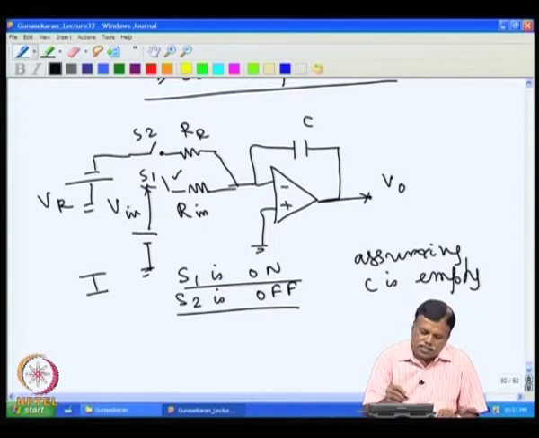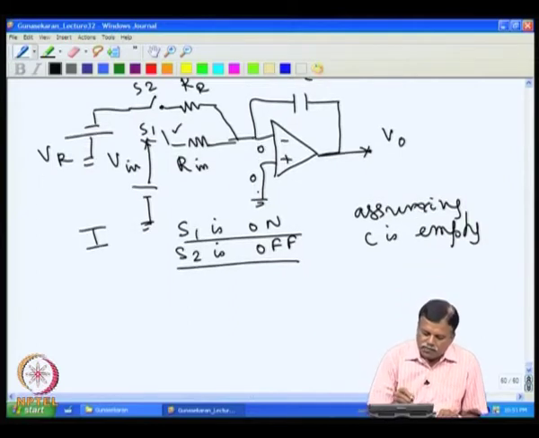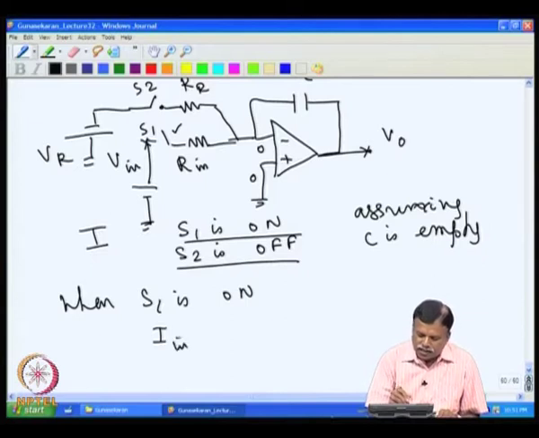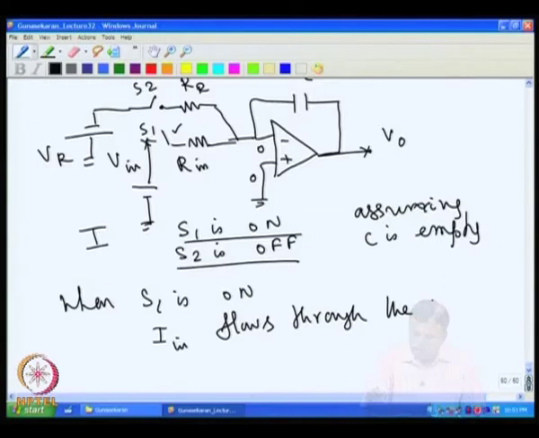Under this condition, when S1 is on, since this is at 0 volt, this also has to be at 0 volt. The input current I input flows through the resistance R in, since the minus terminal is at 0 volt.